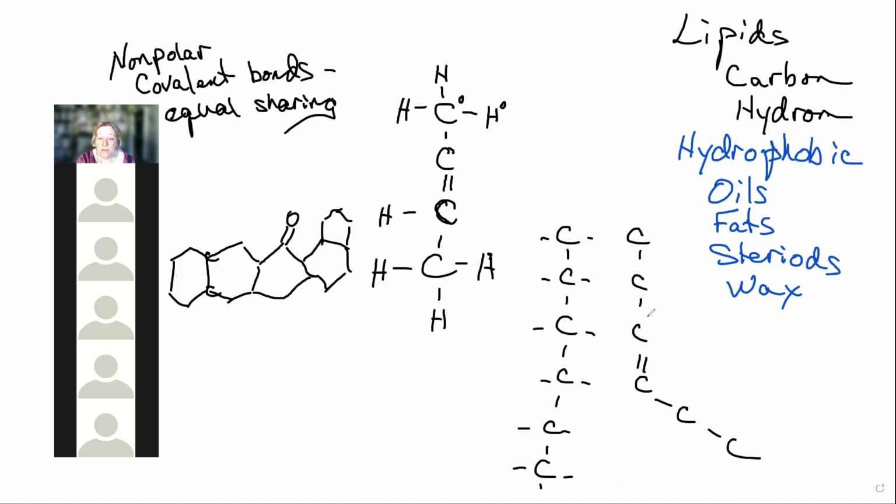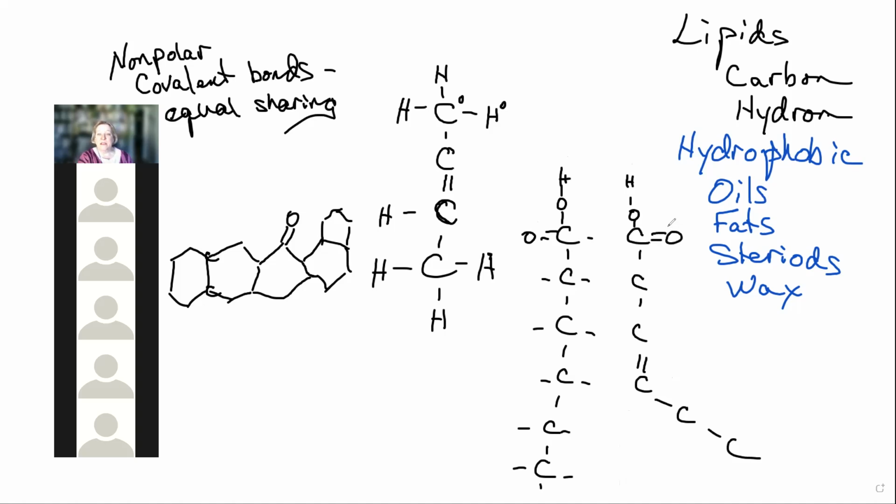And so all of this is hydrophobic, but it's a fatty acid. So on this top part, I'm going to have an OH, and I'm going to have a double bonded oxygen here.